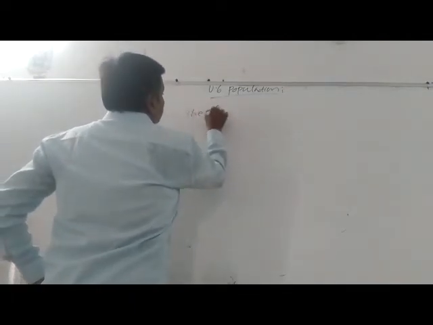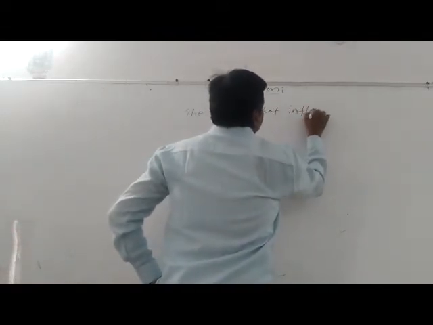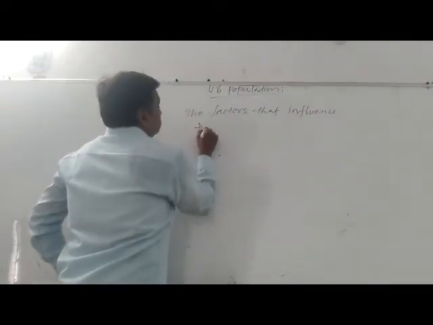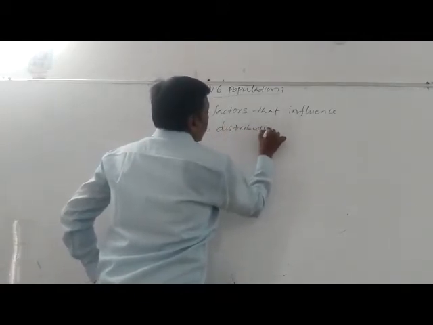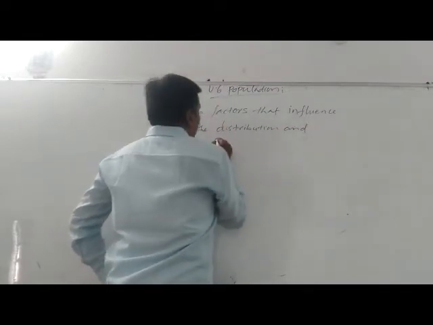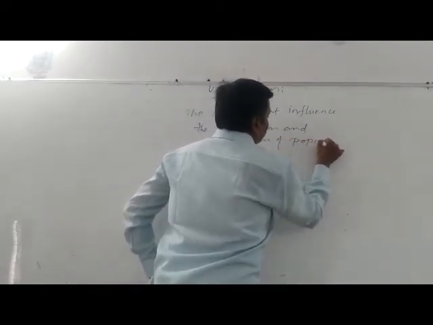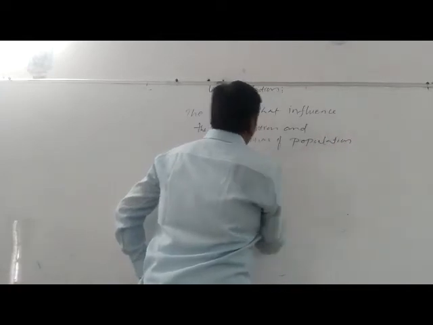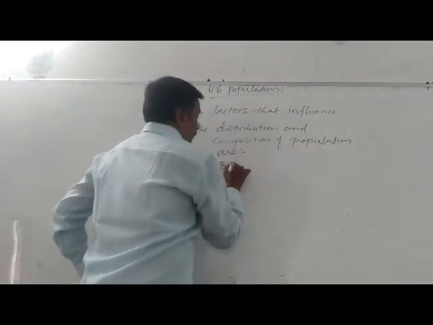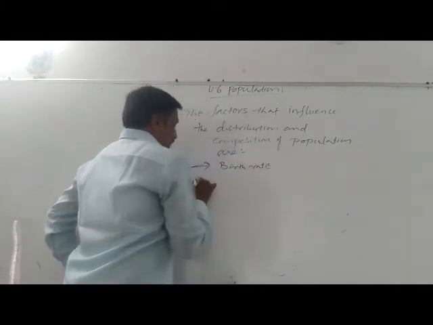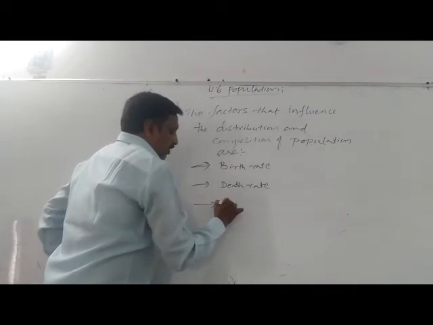The factors that influence the distribution and composition of population are given: birth rate, death rate, and migration.